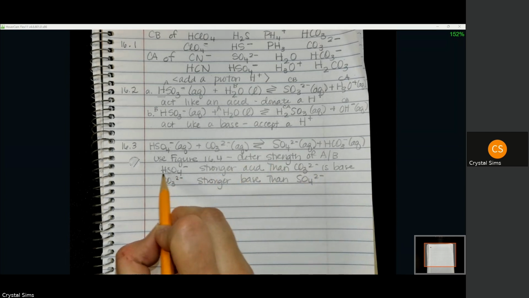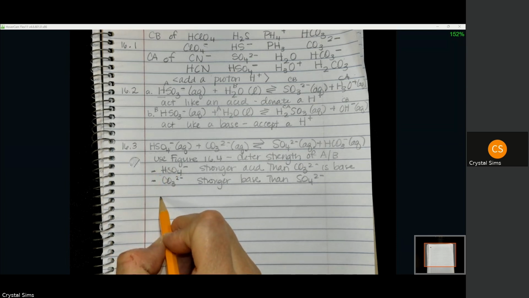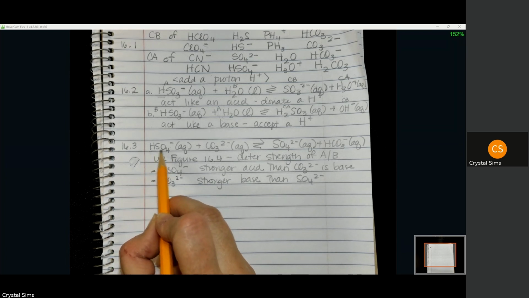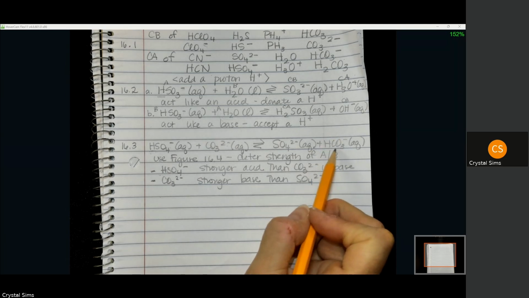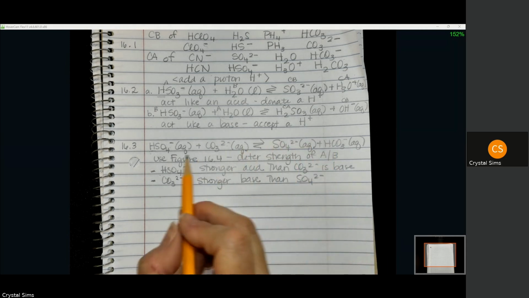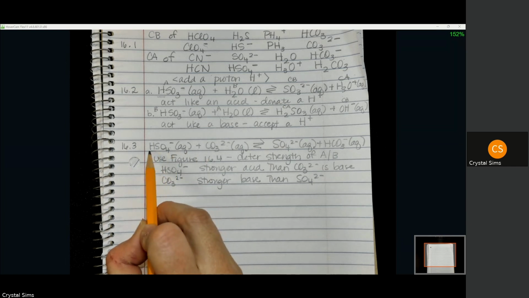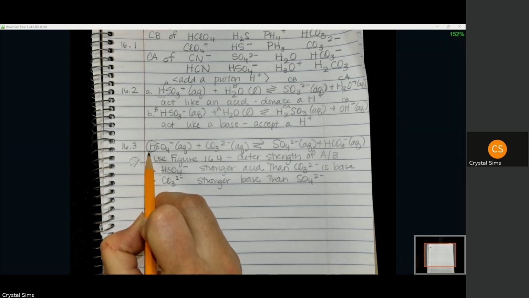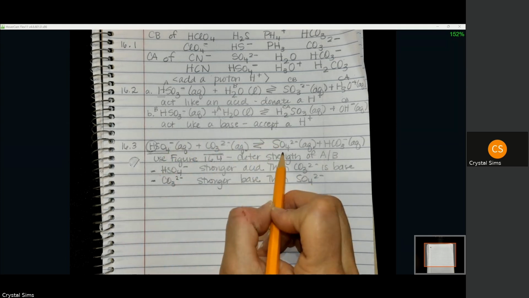So therefore, both of these are our reactants, and the hydrogen here is transferred from the HSO4 to the CO3, and because these are stronger, I think I misspoke here for a second, because this is a stronger acid and this is a stronger base, we have to produce more product.